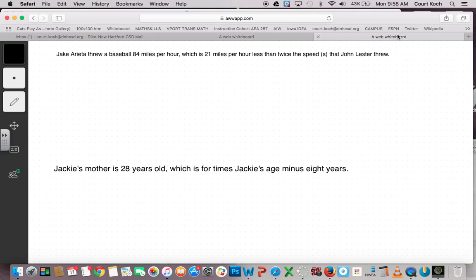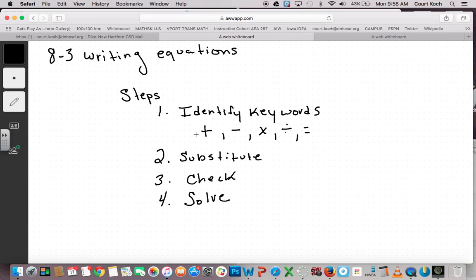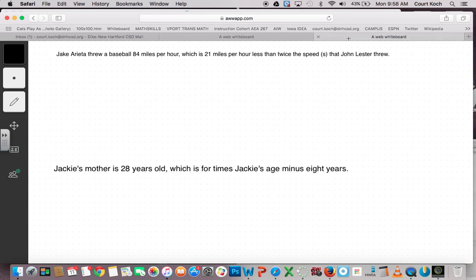Well, I need to create an equation, and it seems daunting or it seems like it can be difficult, but I just have to identify words that I know that mean certain things. And again, I'm looking for words that mean addition, subtraction, multiplication, division, and equals. First things first, I'm going to go through and identify the numbers.